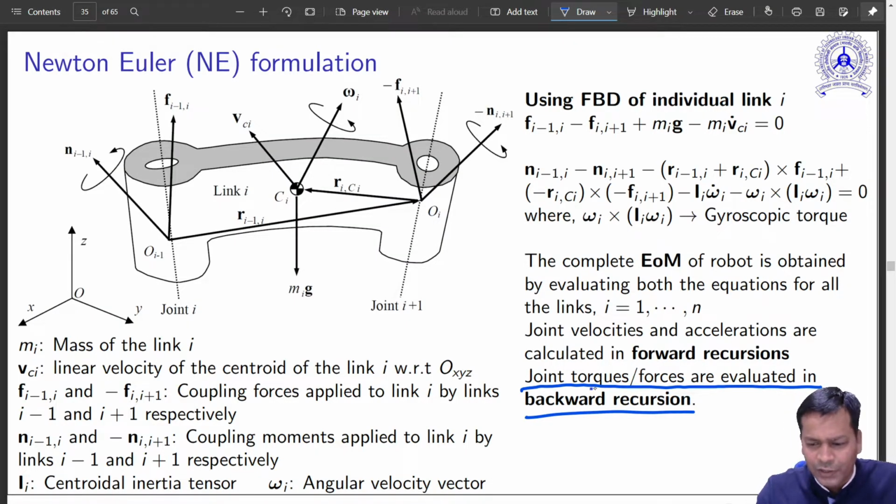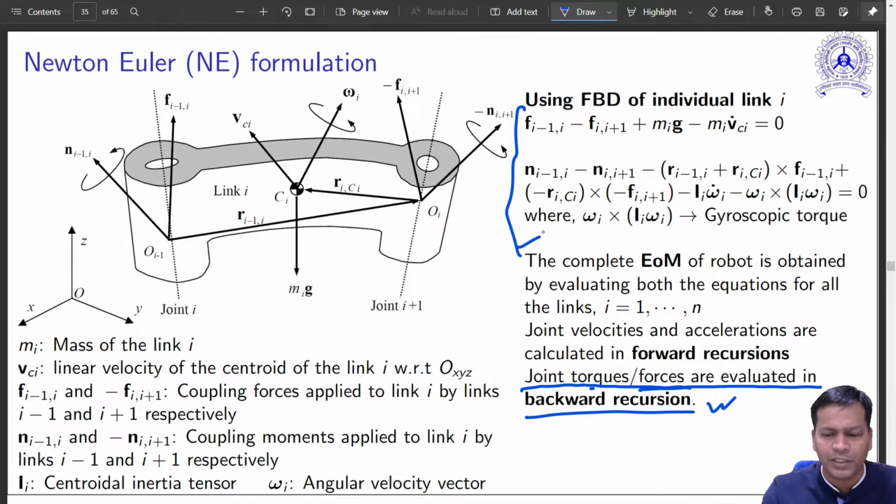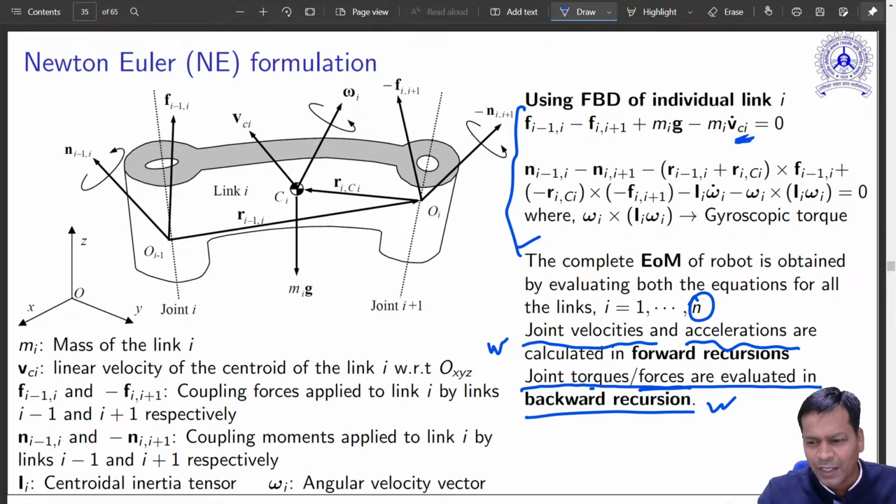So joint torques and forces. In case of a prismatic joint, it is force. Forces are evaluated in the backward recursion. So using these 6 equations for each link into n number of equations, where n is the degree of freedom of that robot, you do forward recursion first, and you obtain all the velocities and accelerations.